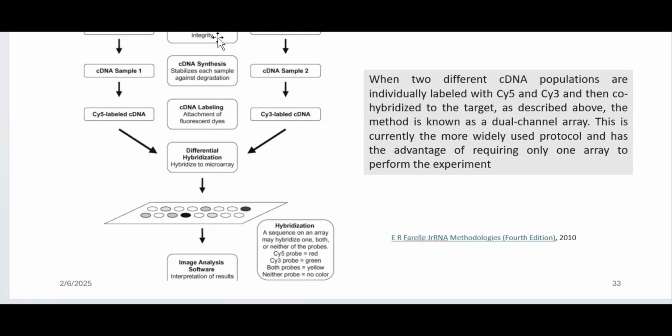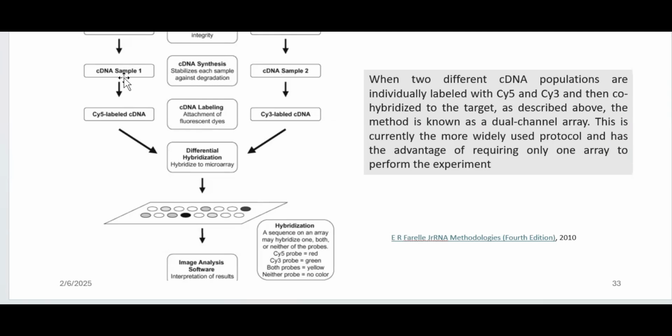So isolate RNA, and assess the purity and integrity. That is very much required, so at every step you have to have very stringent analysis. Now, using this RNA, you are going to do cDNA synthesis, the reverse transcriptase process. So here you will get cDNA sample 1 and cDNA sample 2, respective to the RNA samples obtained from the different sources which are to be compared.